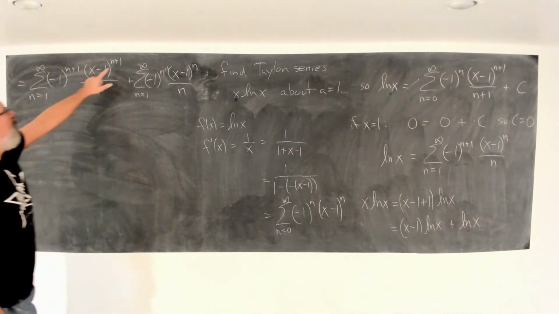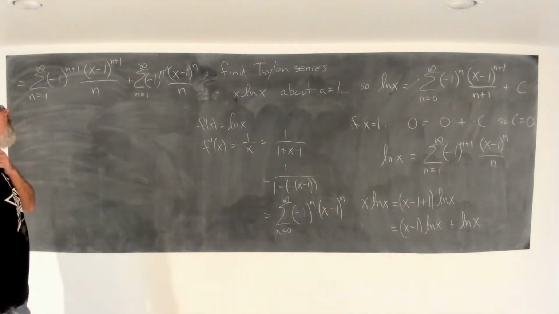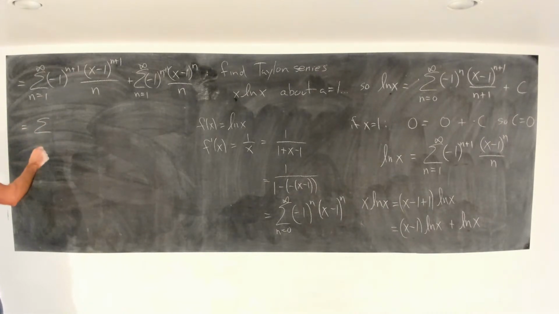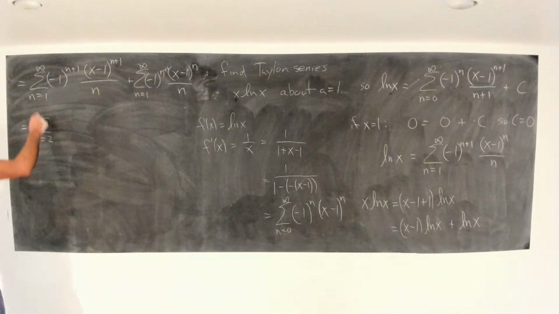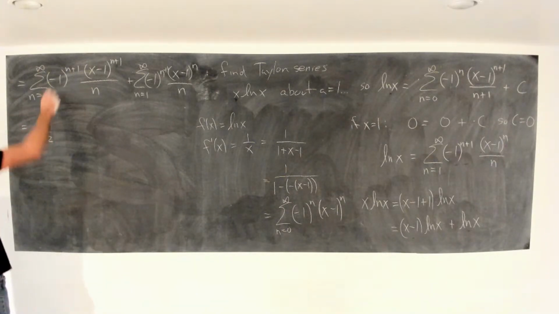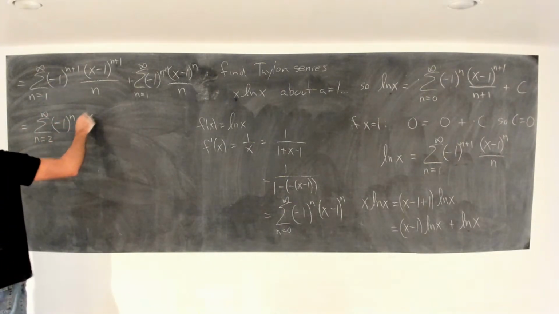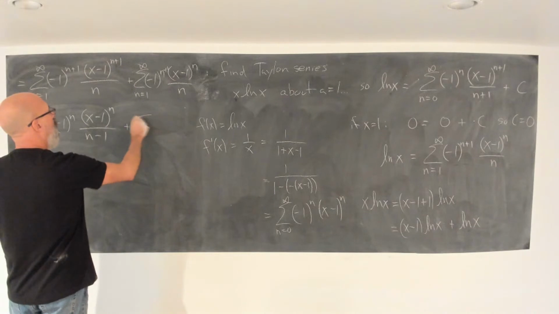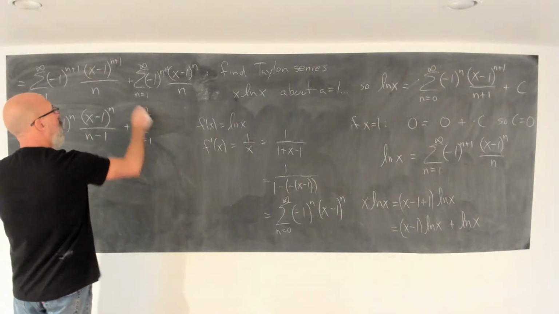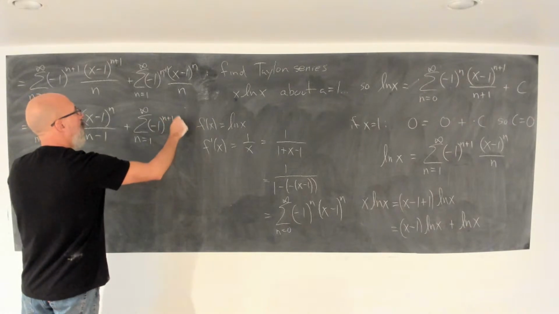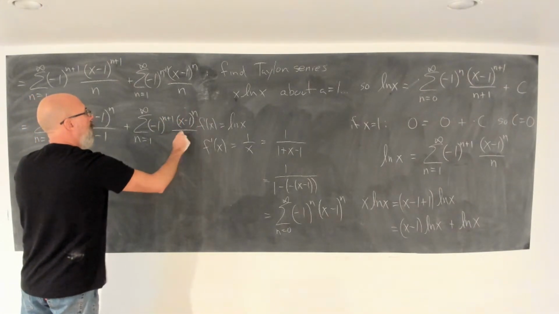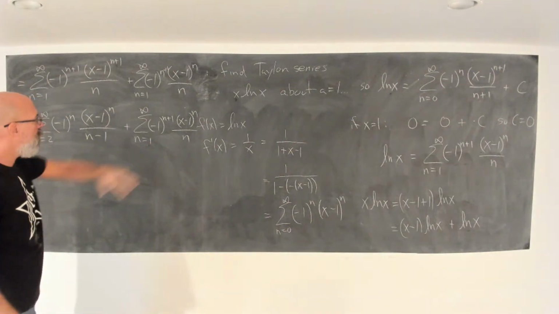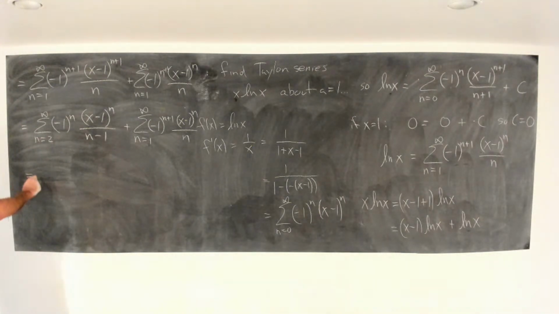Let's make a change of variables here. So this becomes the sum from 2 to infinity. Negative 1 to the n, x minus 1 to the n over n minus 1 plus, and now let me write out the first term and combine everything.